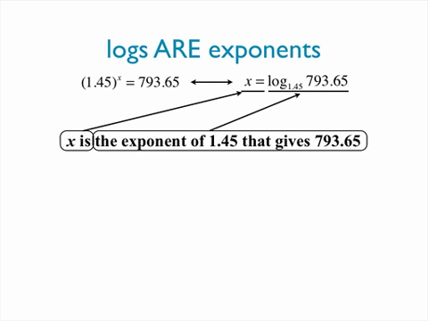No, logs are exponents. And these numbers are qualifying which exponent it is. Another way to say it is the log base 1.45 of 793.65. But the meaning is the more important thing. The meaning there that's circled is the more important thing.